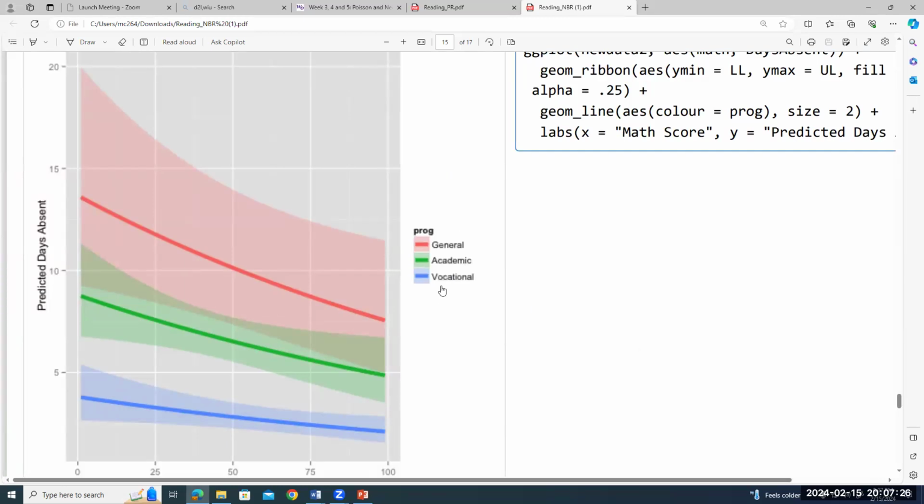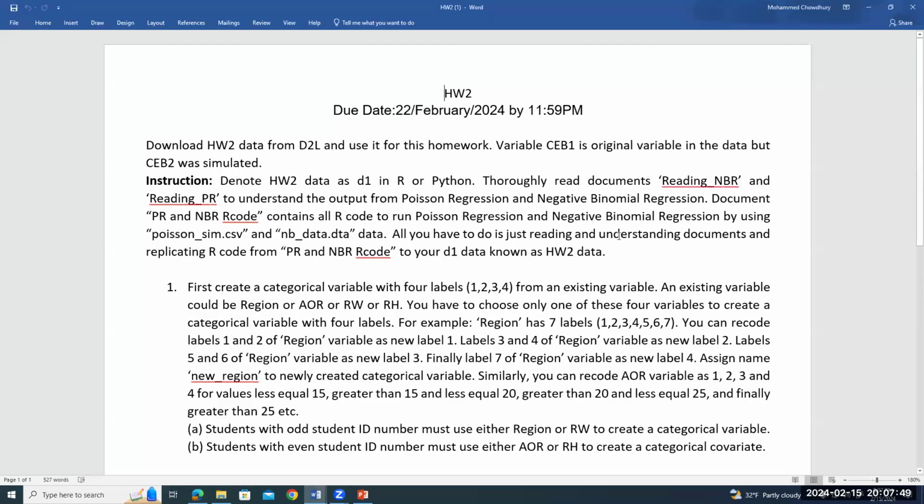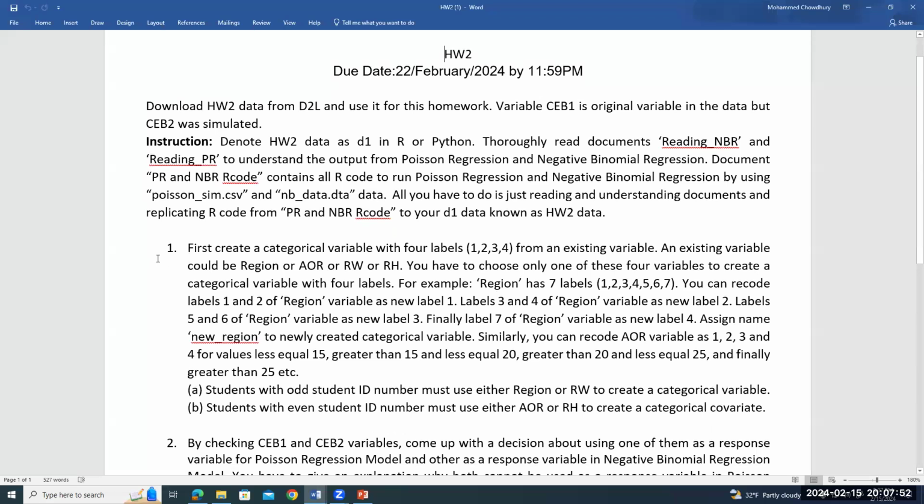And there is the predicted days absent in the class. In this case, it will be your CEB1 or CEB2. Understand? And this will be your what? This will be the variables that you have created.